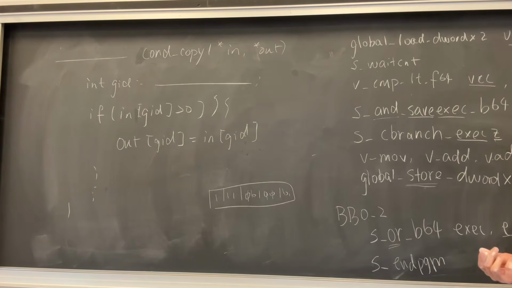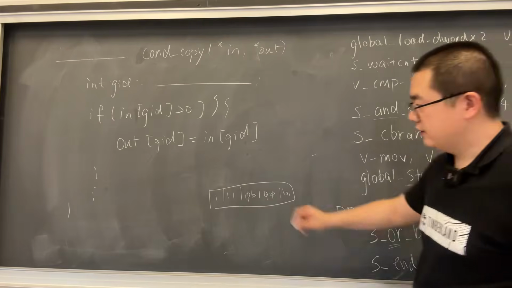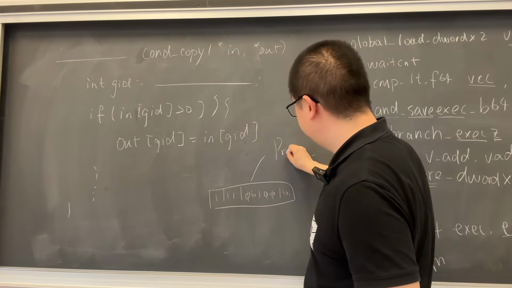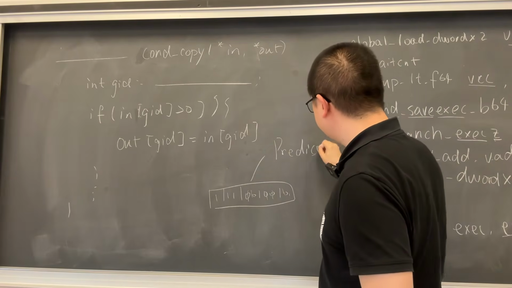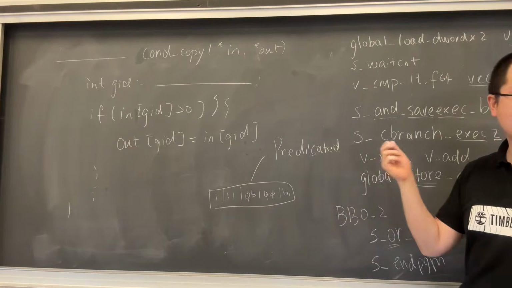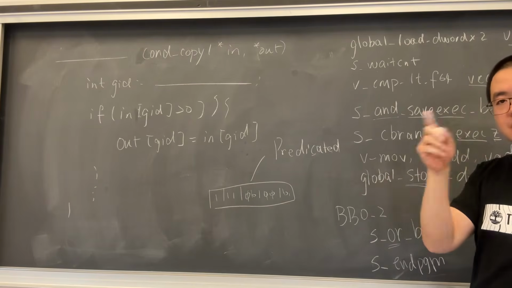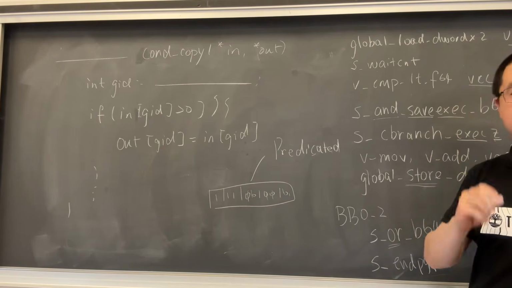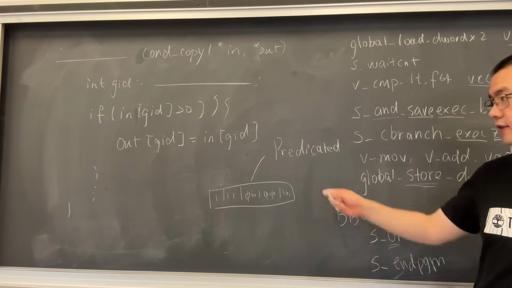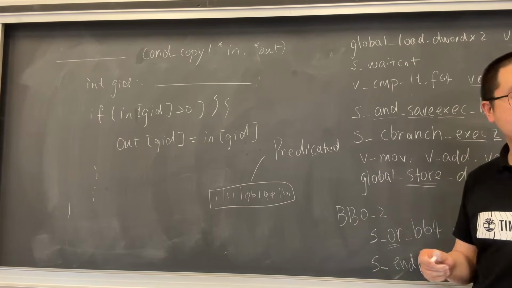So I want to tell you that GPUs use an execution mask to run predicated execution. What is predicated? Predicated is an execution style that uses one bit, 0 and 1, to decide if this one instruction will take effect or not. This is not only used in GPU, it's also used in CPU.